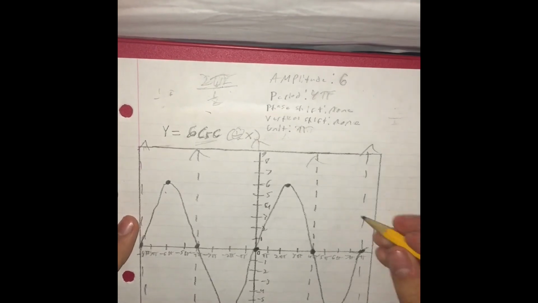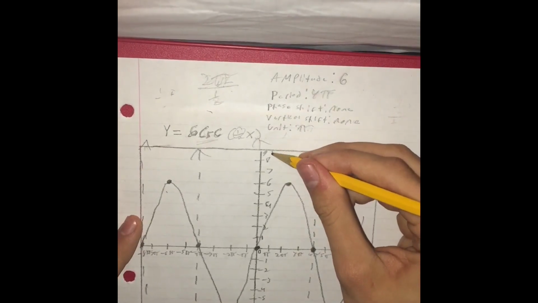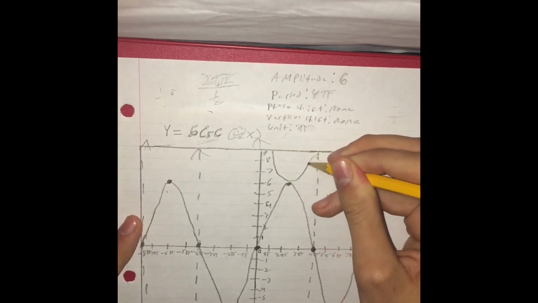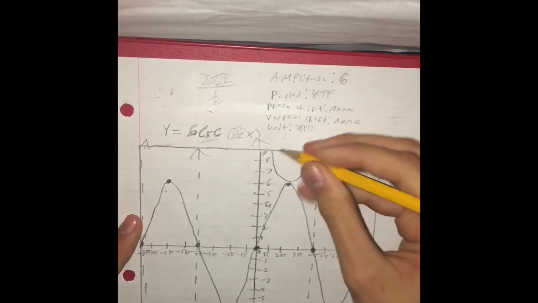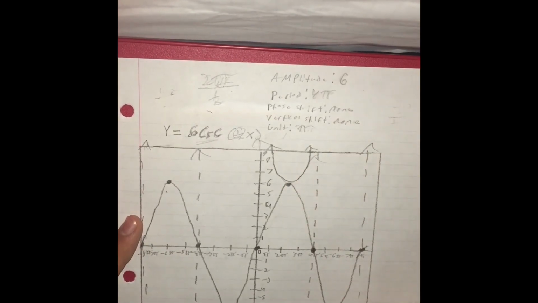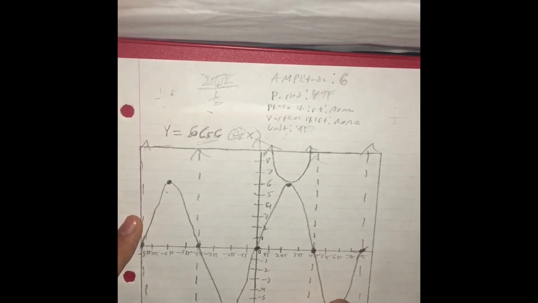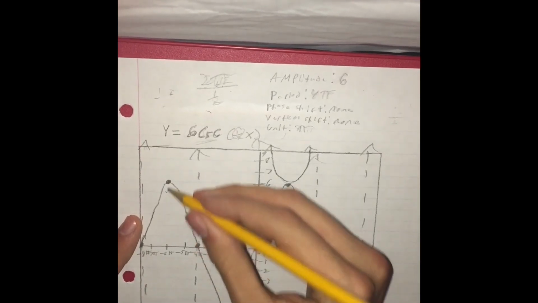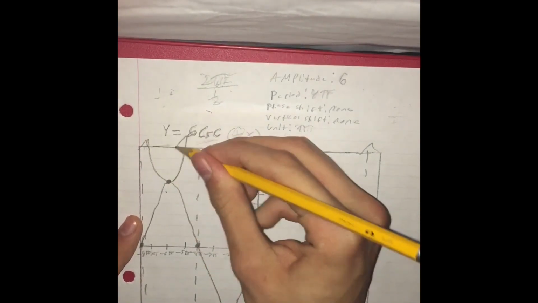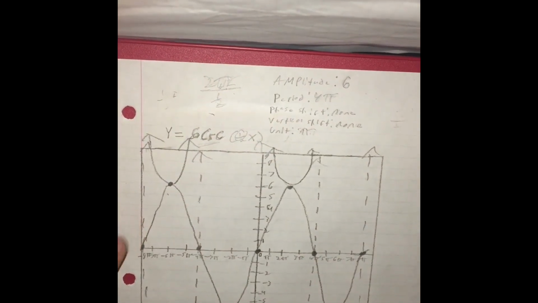And then once you get these points, at the highest points and lowest points is where you add the cosecant part of the graph. So yeah, there you have it.